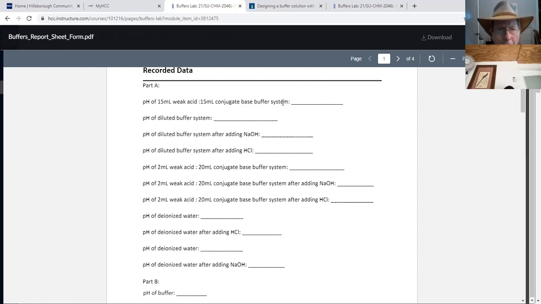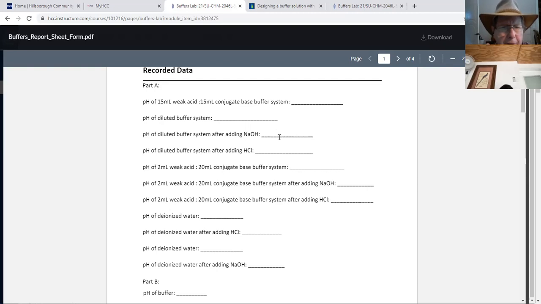No. All right. Now, you've got 60 milliliters of your solution. Put 30 into a new beaker. Then to the one beaker, you're going to add 0.25 milliliters of NaOH. See if that changes the pH.